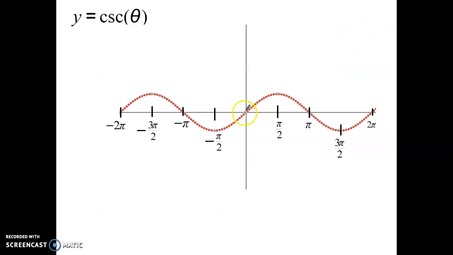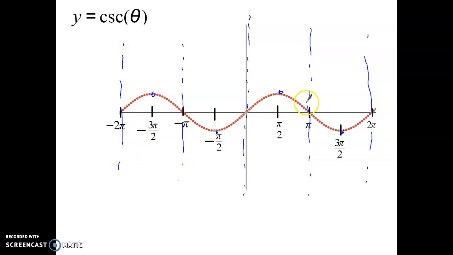Okay, so if I have the graph of sine here, and remember, everywhere that sine was equal to 1 or -1, cosecant is going to match. And everywhere that sine is equal to 0, everywhere it crosses the x-axis, I'm going to have an asymptote. So it's very similar to what we saw with secant. And then the bowls are going to flip upside down, or the valleys and the hills are going to flip upside down, just like we had before. It's just that they're not in the same places.